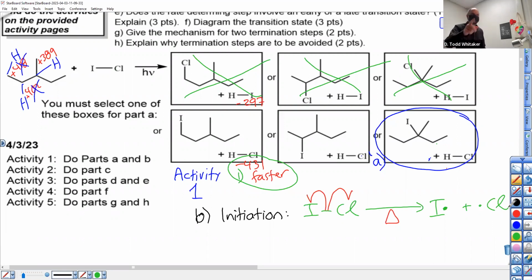Well, that's what propagation's all about. Propagation is keeping things going. Progeny is a form of propagation. Propagation of the species. That's keeping your species going, right? So we're going to keep this reaction going with propagation steps 1 and 2.